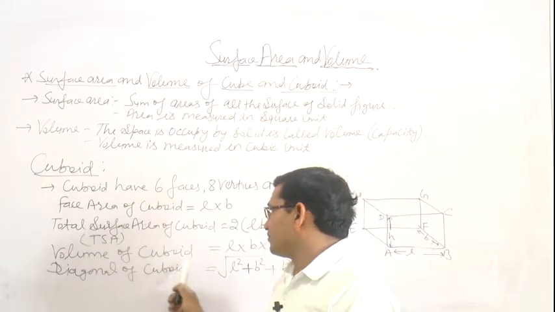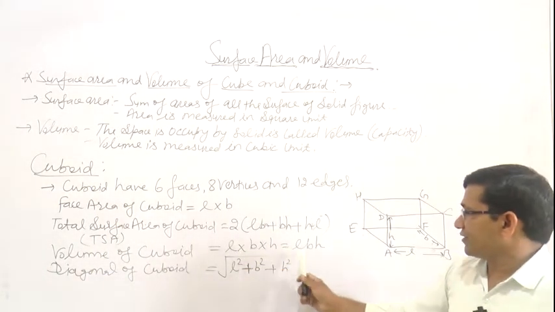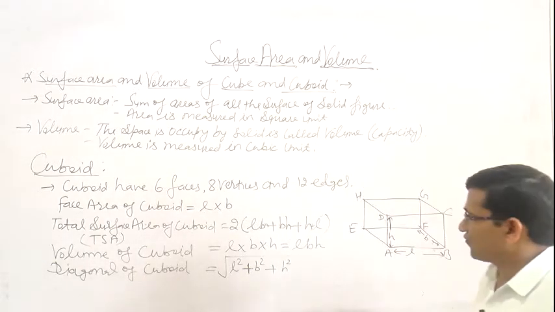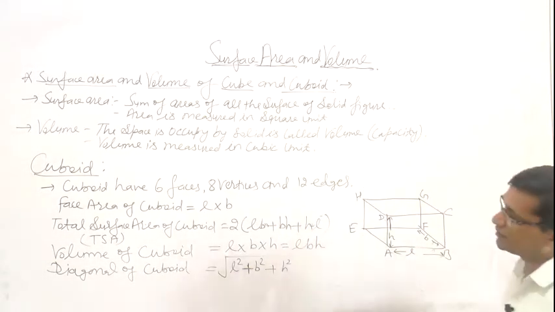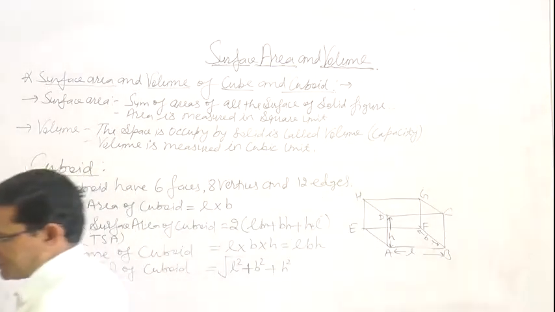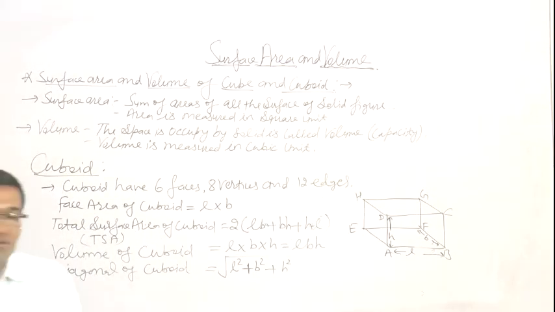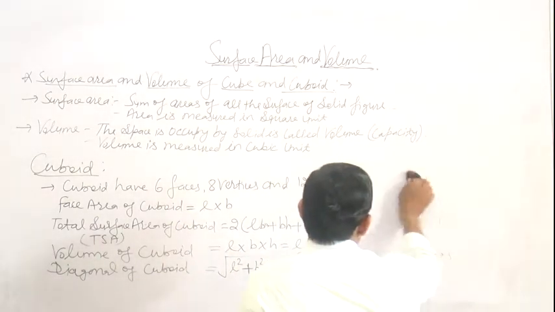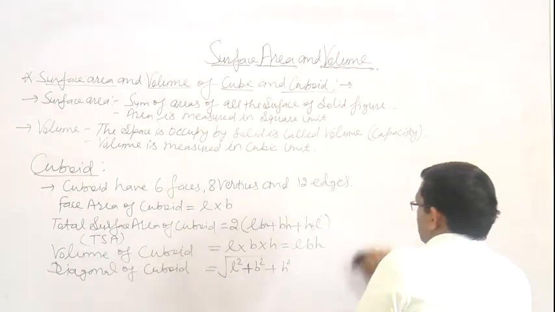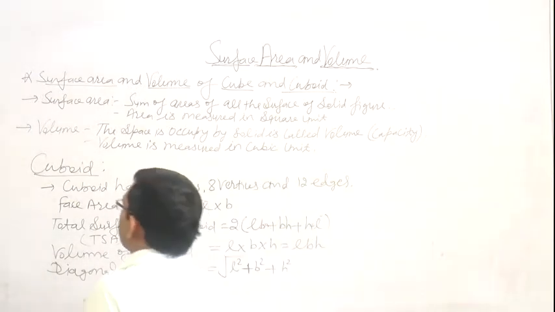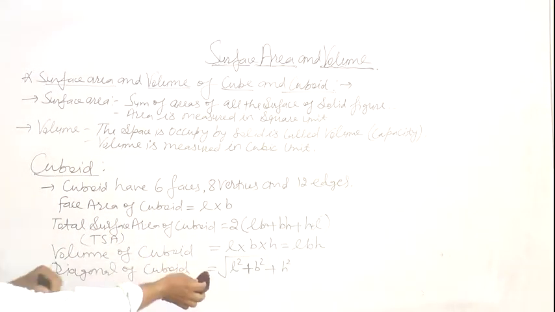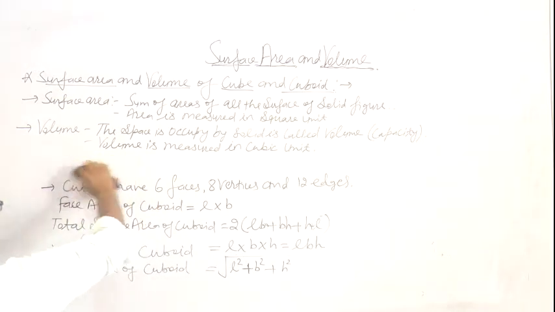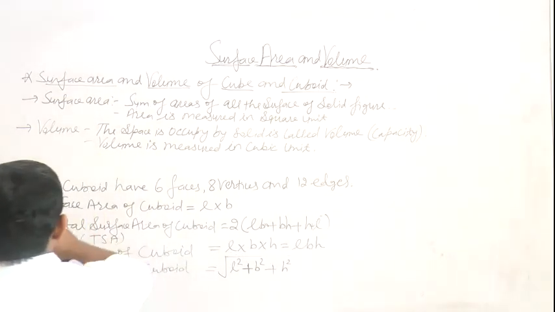Volume of cuboid is L into B into H, that is LBH, and diagonal of cuboid is equal to square root of L square plus B square plus H square. तो ये cuboid से related फॉर्मूले हैं जिनको आपको लर्न रखना है. Cuboid has 6 faces.